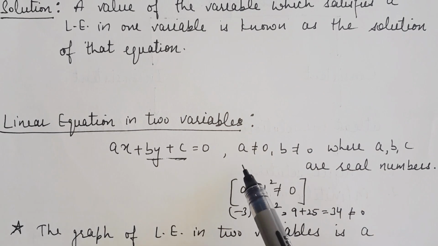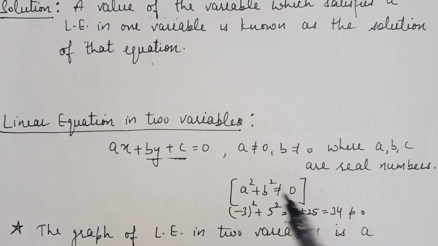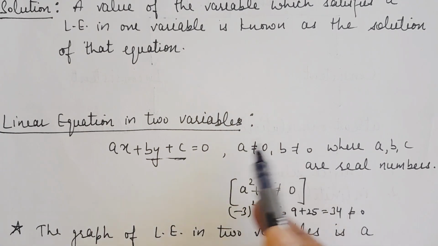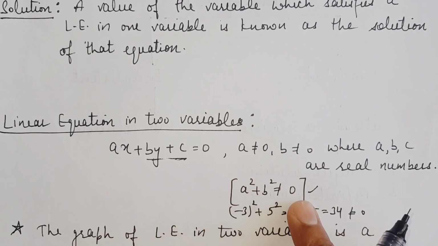So in every case when a and b are non-zero, a square plus b square must be non-zero. So we can take this condition like this also. It doesn't matter whether you write this or this.